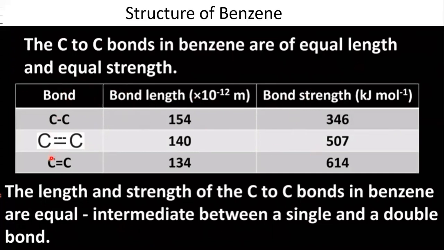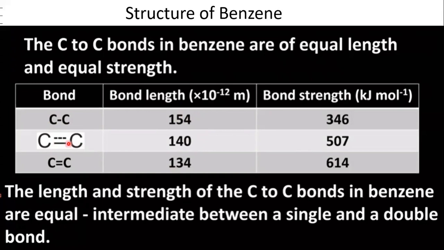Here we have compared the bond length and bond strength of carbon to carbon single bond, carbon to carbon double bond in normal alkenes and carbon to carbon bonds in benzene. From these figures, we could figure out that benzene contains a bond length of 140, while the carbon to carbon single bond has a bond length of 154.